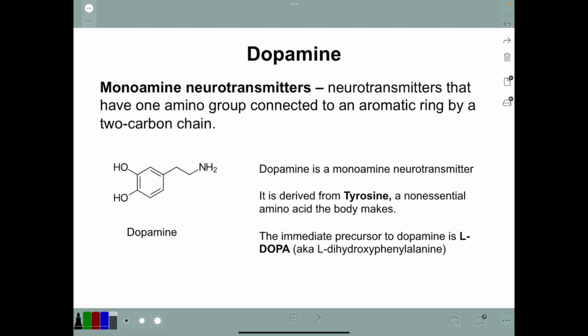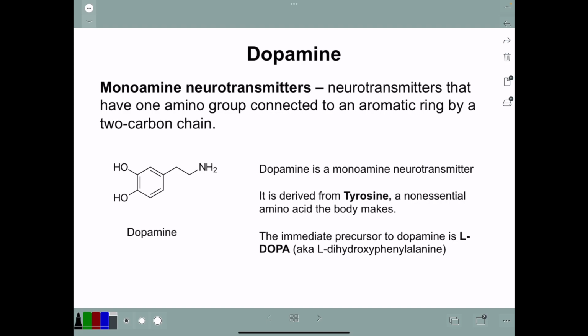Hello, class. This is our lecture where we're going to get into dopamine and how it acts in a very specific pathway, our reward pathway. And then we're going to take a look and see how that pathway is affected by addictive drugs. And so first, let's talk about the neurotransmitter and, as we've learned, the neuromodulator itself, dopamine.